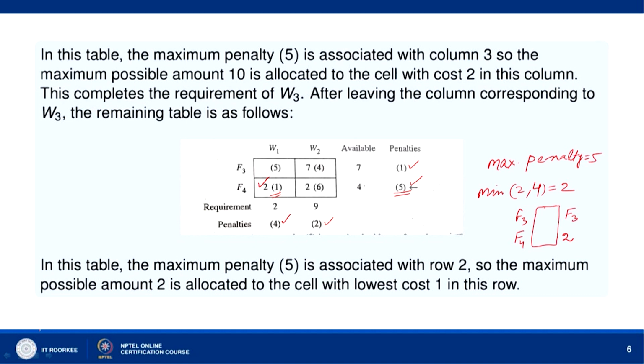F3 has got 7. The available units with F3 are 7 and the total requirement of W2 is 9. So, we allocate 7 to F3, which has cost 4. So, we allocate 7 to this and we allocate 2 to this, and we cross out.